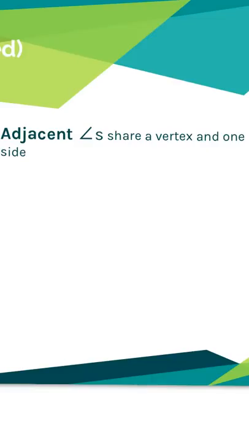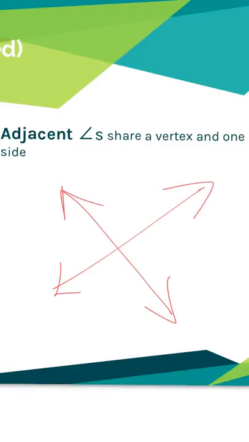Now adjacent angles, they share a vertex but also one side. So again, if you have your two lines intersecting, with your 4 angles, 1, 2, 3, and 4, they would share a vertex, which would be the corner, and also one side. So if angle 1 is here, it would be adjacent to angle 2.